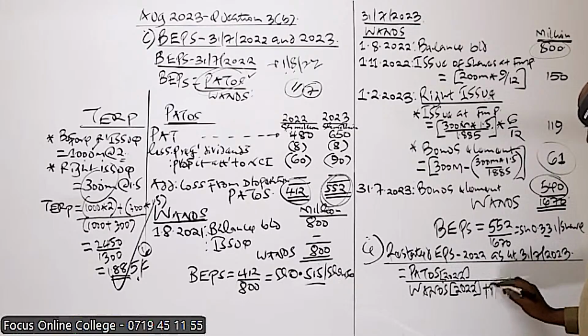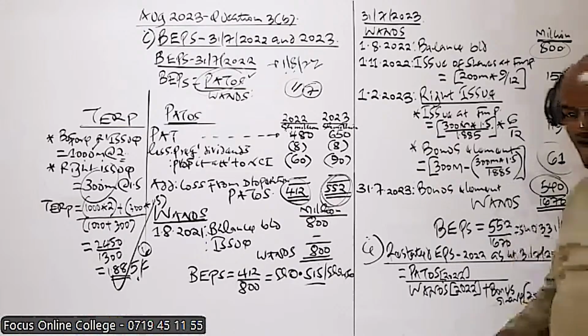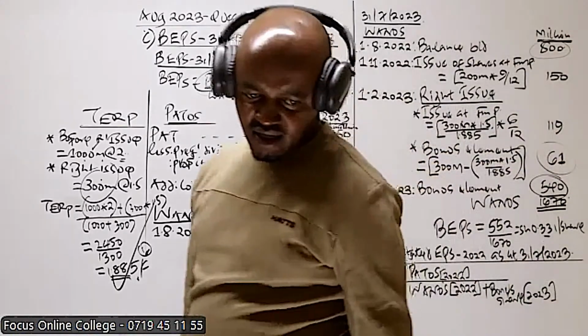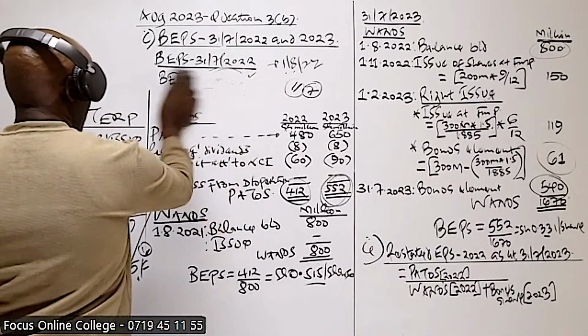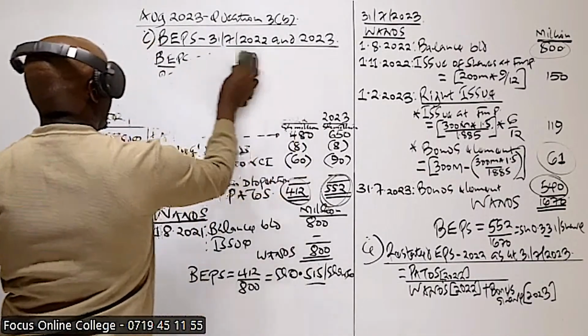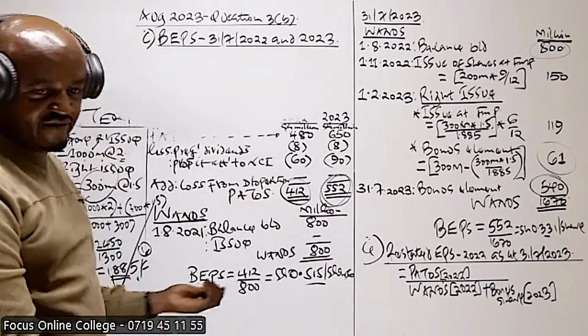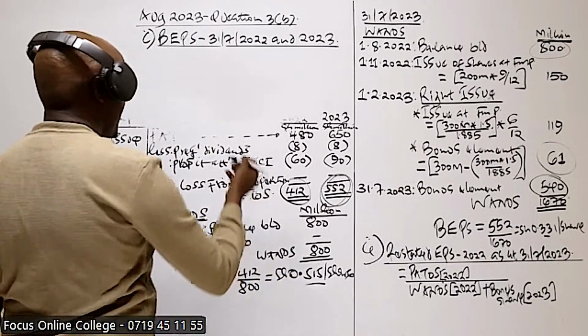And to this, we add the bonus shares which were issued during the current year, that is 2023. So if you have that formula, then the question becomes very, very simple, because we have all the figures now, provided you can remember that.